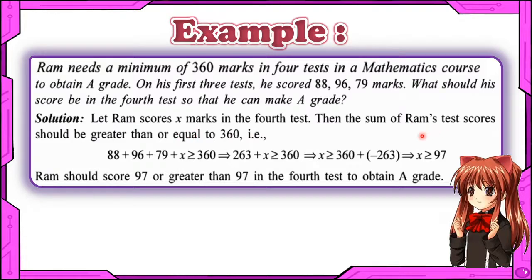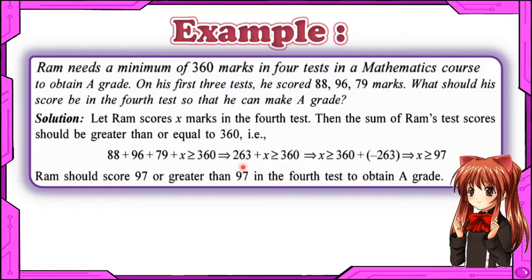So the sum of Ram's test scores should be greater than or equal to 360, because what is given in the problem is that Ram needs a minimum of 360. So we can say the sum should be greater than or equal to 360. So 88, 96, 79 plus X should be greater than or equal to 360.